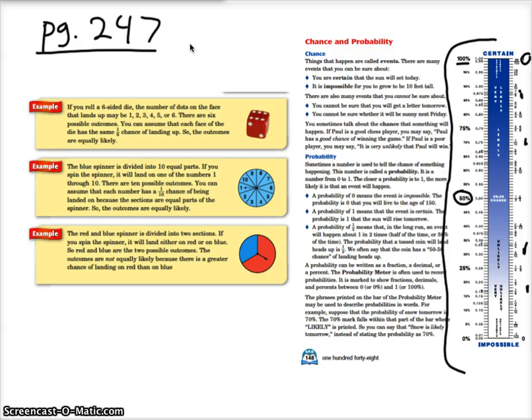So what we're going to be talking about are mostly fractions, creating a fraction that shows our probability. One of the easiest ideas is to take a look at this dice, just a normal six-sided die. There's a number on each side. So we go 1, 2, 3, 4, 5, 6. So we know that there are a total of 6 outcomes.